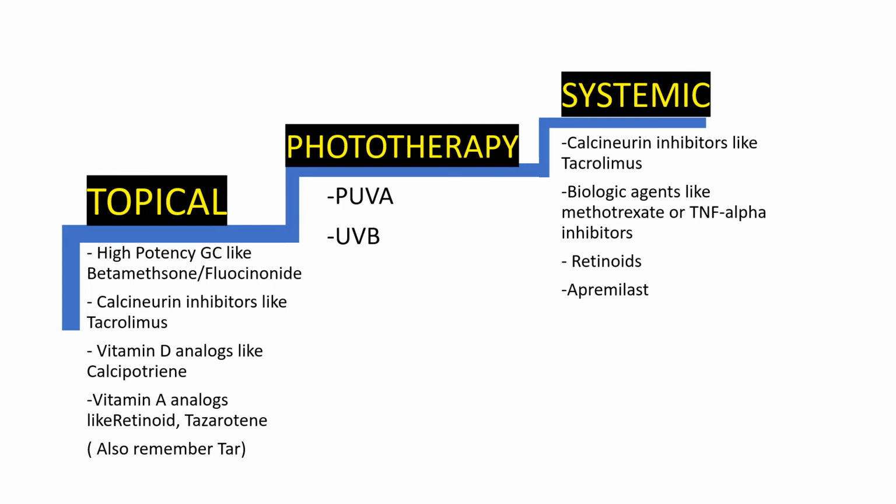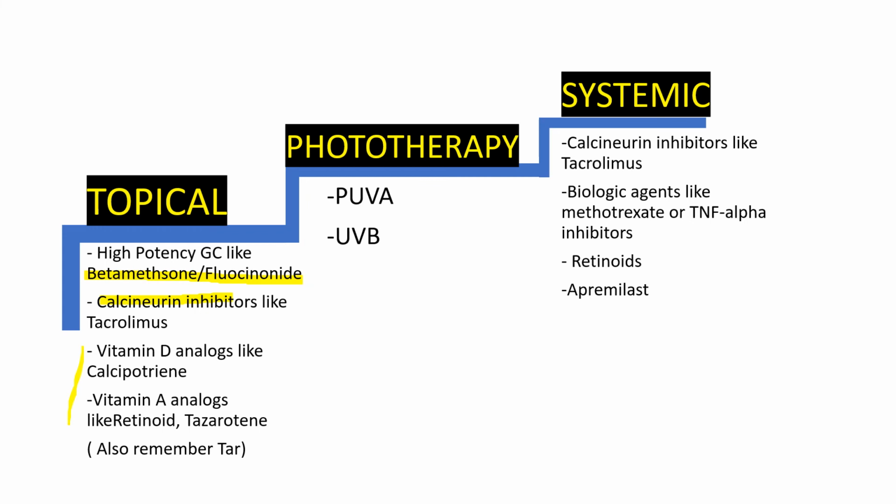For topical therapy, we give immunosuppressants like high potency glucocorticoids, betamethasone and fluocinolone, calcineurin inhibitors like tacrolimus, and also we give vitamins like vitamin D analog calcipotriene, vitamin A analog retinoids, and tazarotene. With tazarotene, you can always remember tar, but tar is not a vitamin A analog, but it was given for therapy of psoriasis as a topical agent.